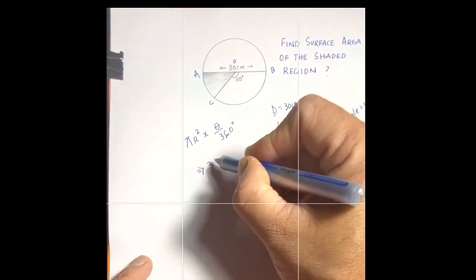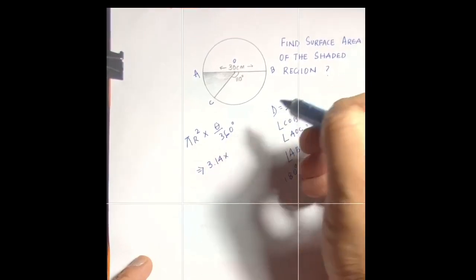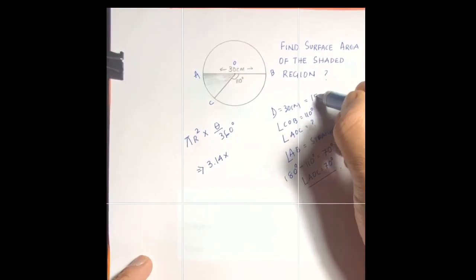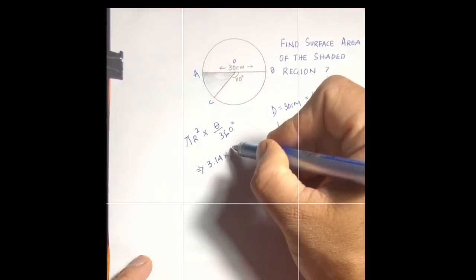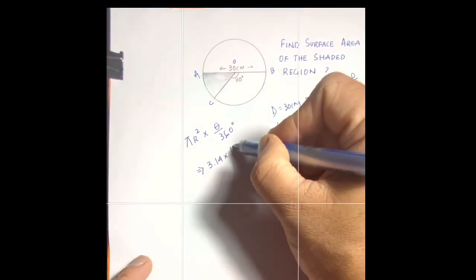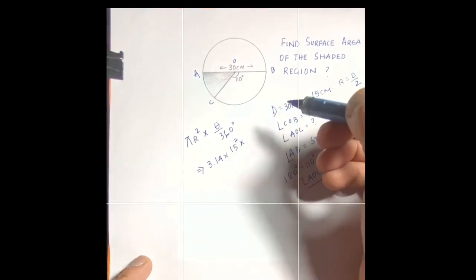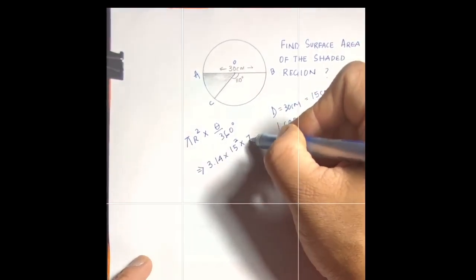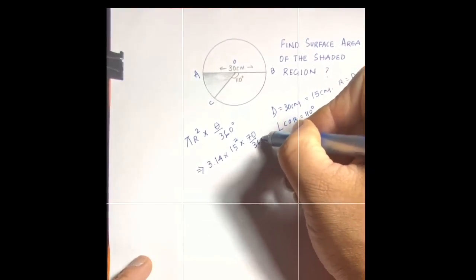We know that pi is 3.14. The diameter is 30, so the radius is 15 centimeter, because the radius is always half of the diameter. So 15 square into the angle we found as 70, so 70 by 360.